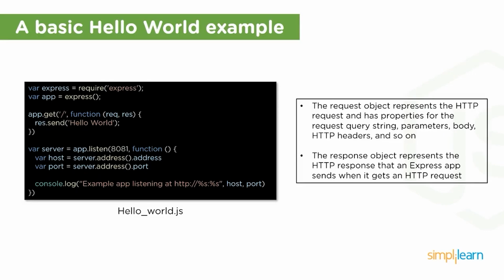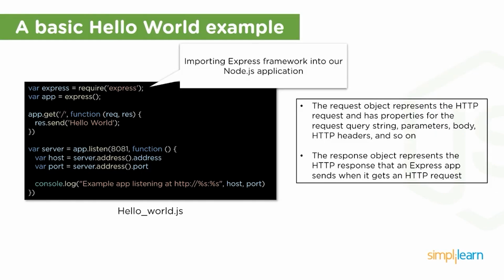So here we actually have a full script for creating a simple hello world. And this includes installing Express.js, defining the ports it's going to run on, as well as a basic piece of code. So the first thing you want to do is define how you want to install Express.js.